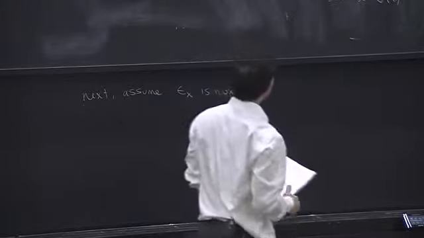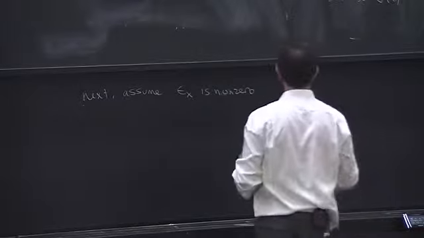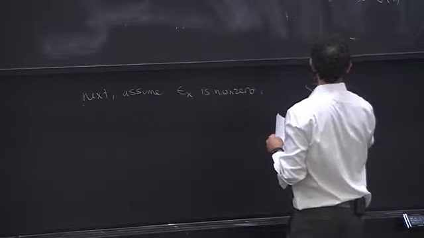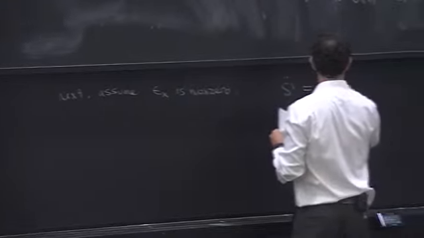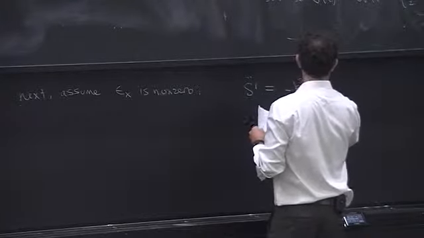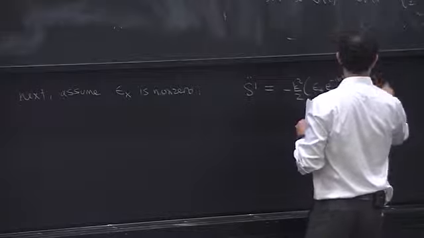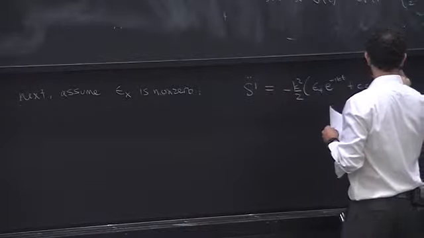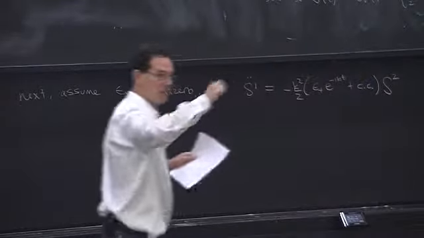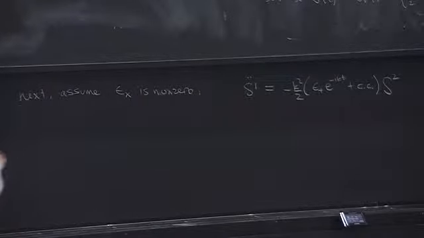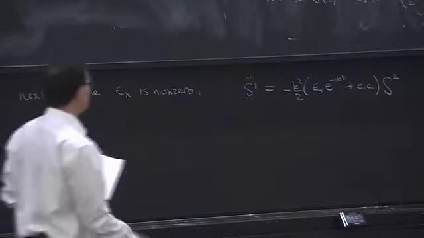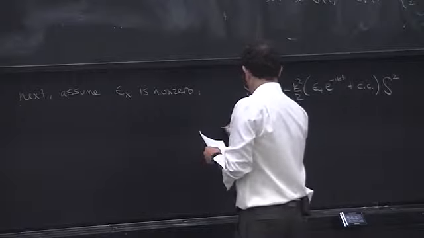In this case, you find that the S1 double dot is now sourced by the S2, because the metric is off-diagonal. So S1 is sourced by S2, and S2 is sourced by S1.